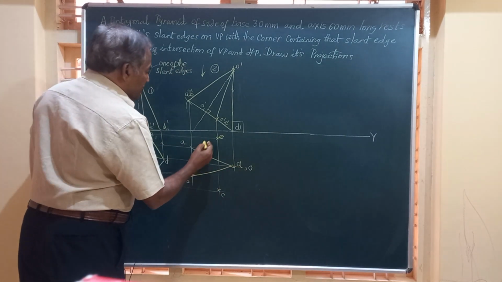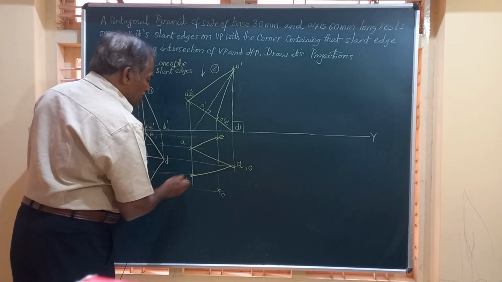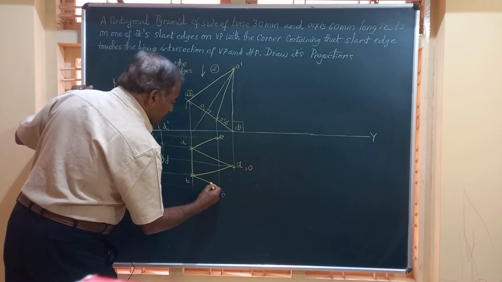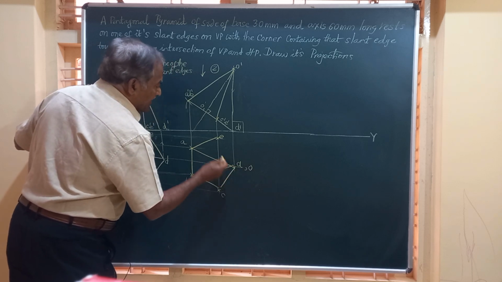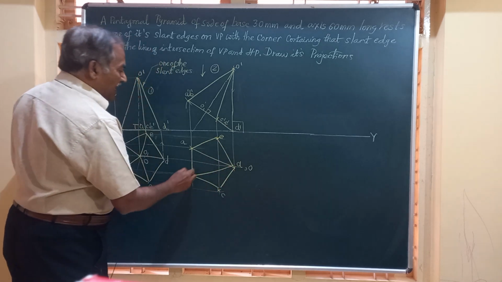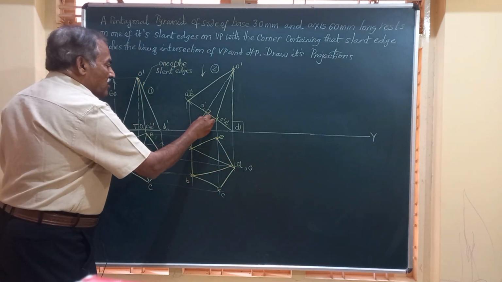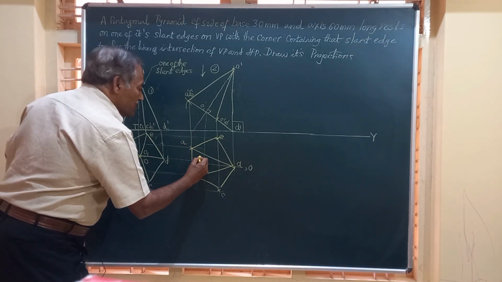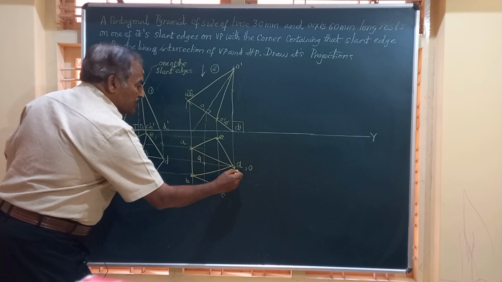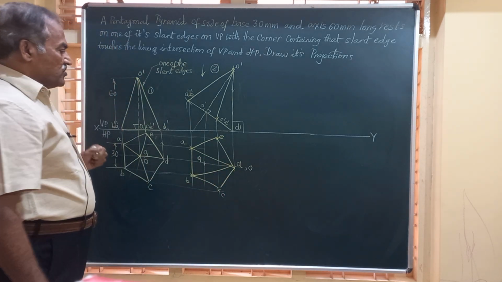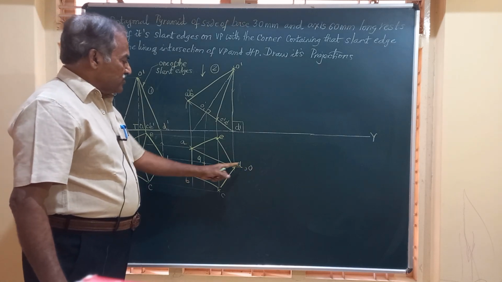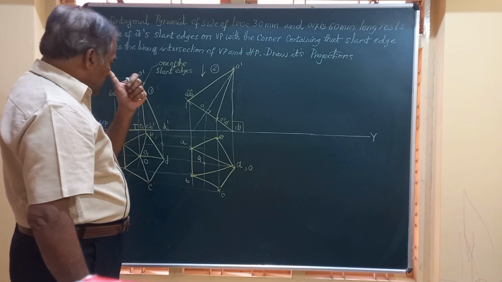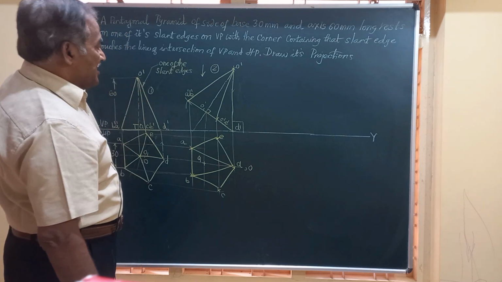Then friend, I should join A to E and I should join A to B, B to C, C to D and D to E. Friends, I have joined all the corners in the top view to the vertex O. This is our O1 and this is O. Friends, if you just look at this figure, the vertex O is joined to A, B, C, D and E.